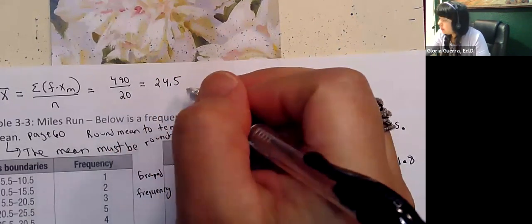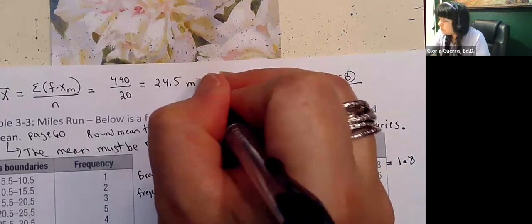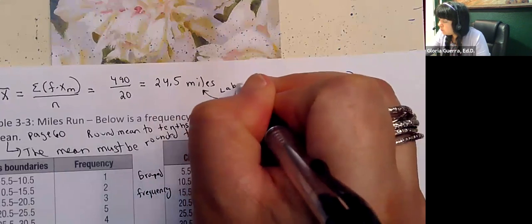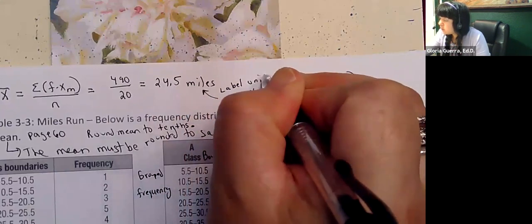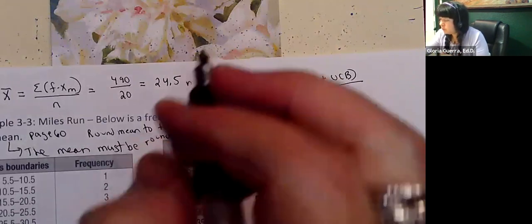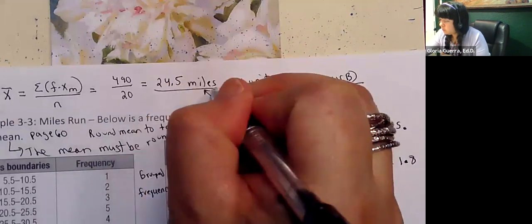And my label here, you do want to label your units. And this one is a true unit. The other ones, remember, there was like calls and patients, right, when we were doing those other sample problems. This one is a true unit, miles.